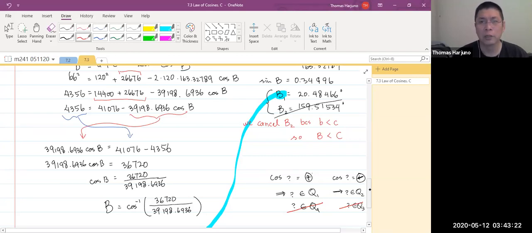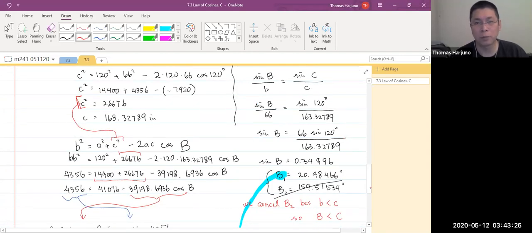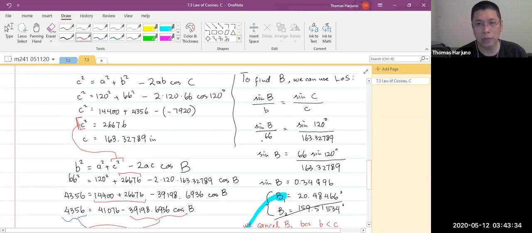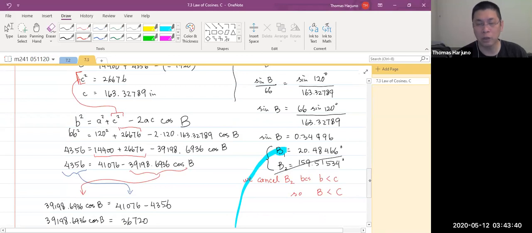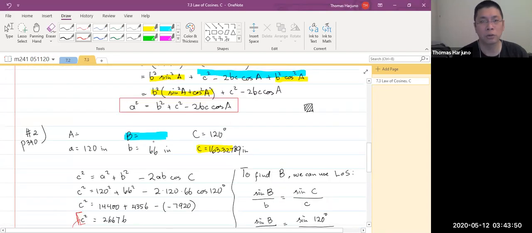However, some teachers, including sometimes me, prefer to use law of sine anyway if the situation is pretty clear. Why? Law of sine is actually easier to apply. I don't mind getting two angles because I know later on I can easily cancel one of them by just observing, oh, you know what? This is the shortest side.